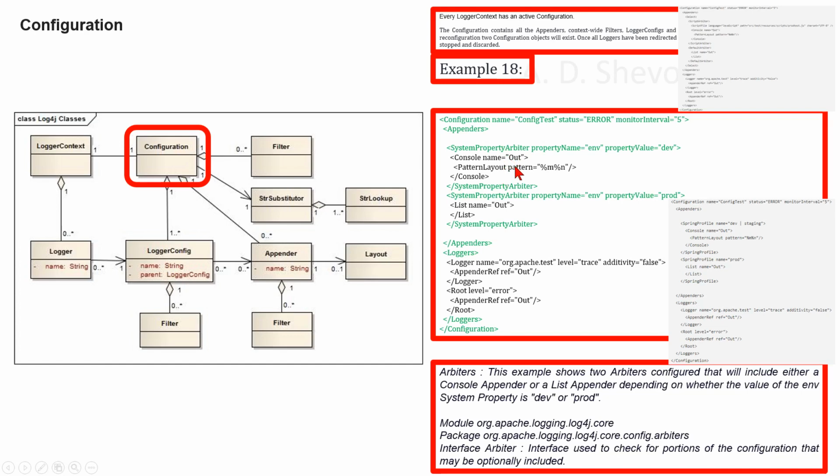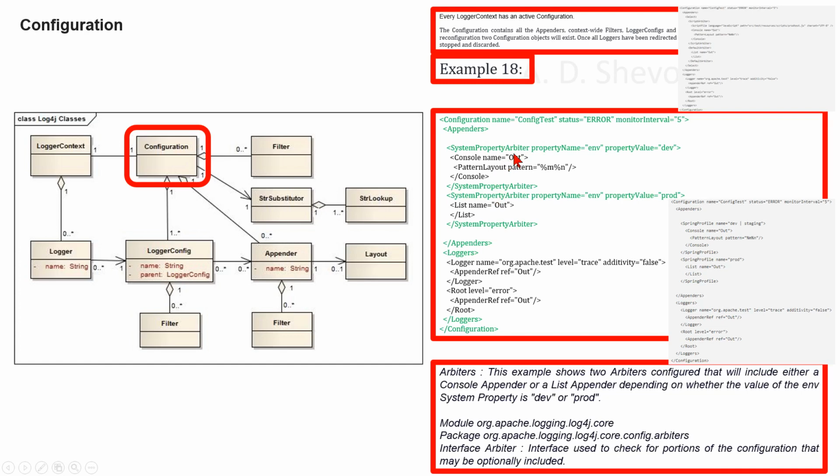Arbiters may occur anywhere an element is allowed in the configuration. So an arbiter could encapsulate something as simple as a single property declaration or a whole set of appenders and loggers.